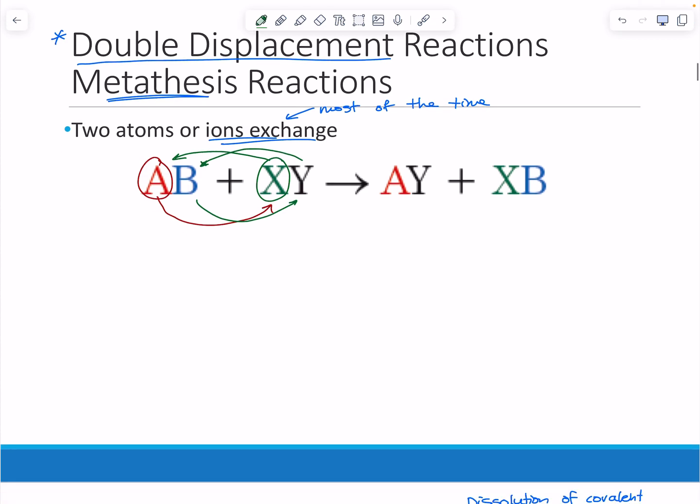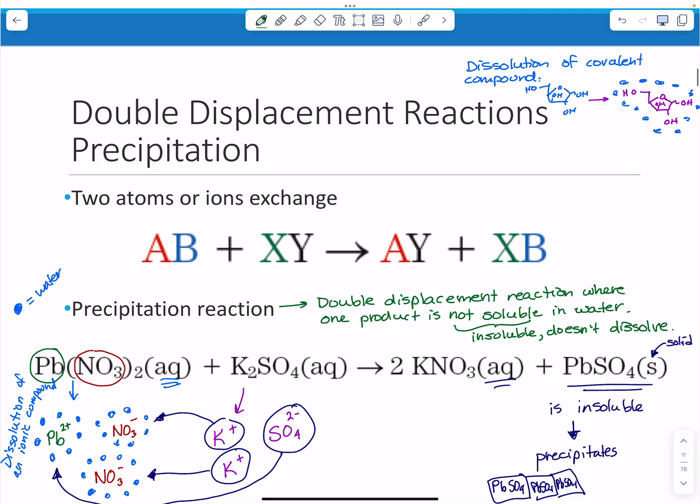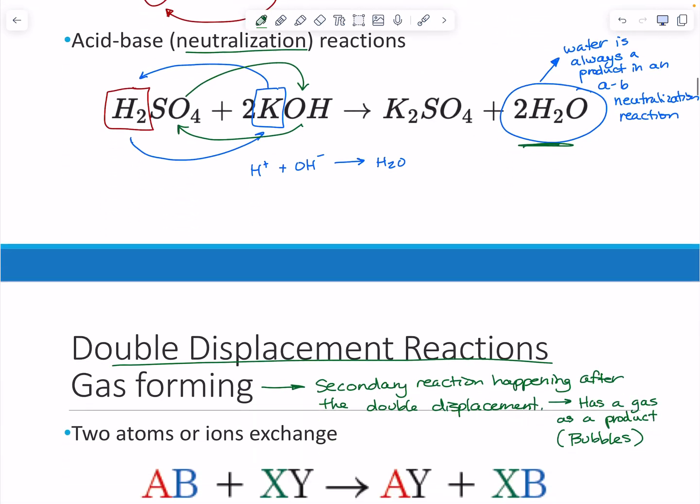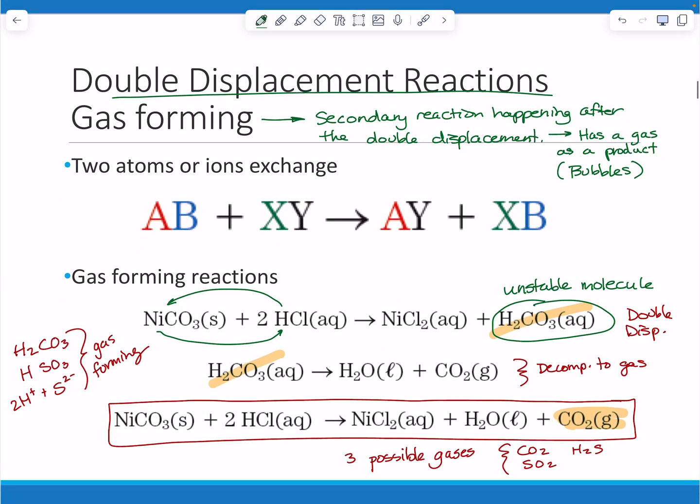So those can be precipitation reactions, which is what we're going to talk about with net ionic equations later today. Acid-base neutralization, which we'll get to by the end of class today. And those where the product of your double displacement is something that decomposes into a gas that's going to float out of solution.